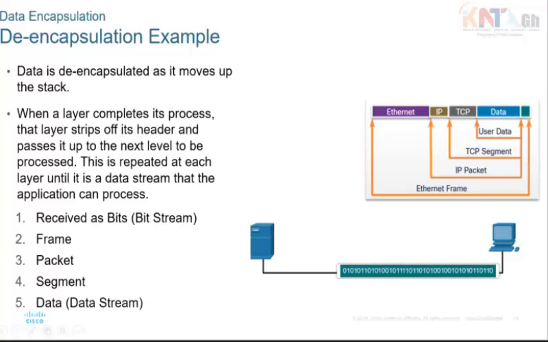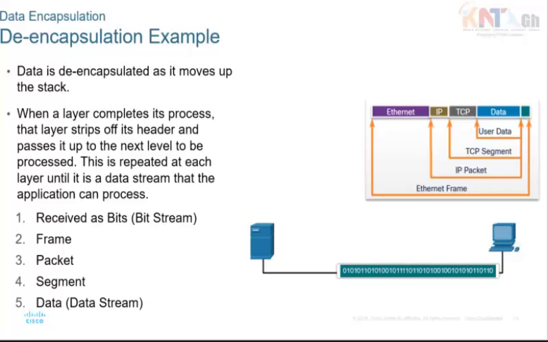And de-encapsulation. Data is de-encapsulated as it moves up the stack. So a typical example in human communication is when you have written a letter and then you put the letter in an envelope. We say that you have wrapped the letter and we call it encapsulation.